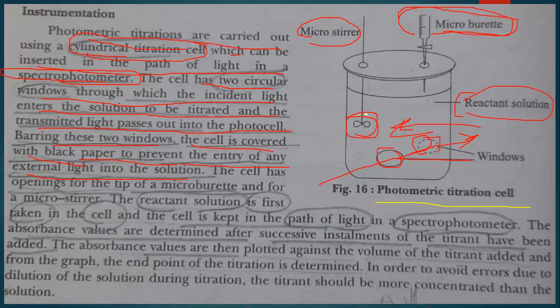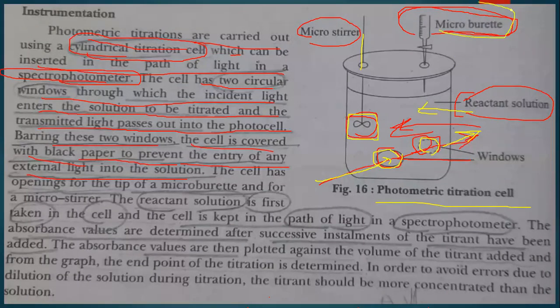You can see here the stirrer, as I told you, which is continuously rotating. These two windows are there: from this side the light goes inside, and from that side the light comes out, from which you note down the absorbance of the solution. Here is the reactant solution.